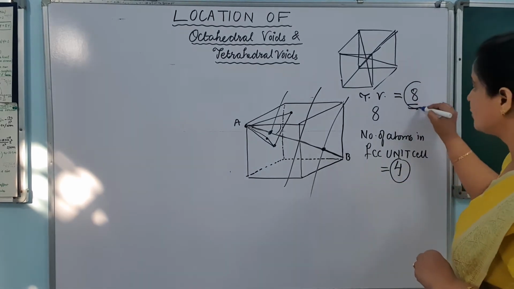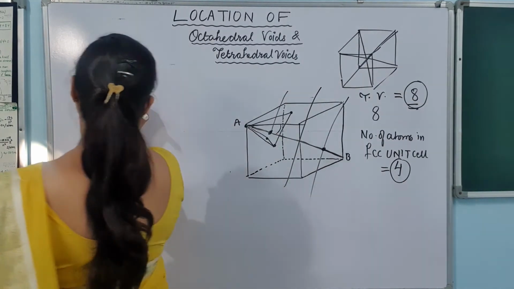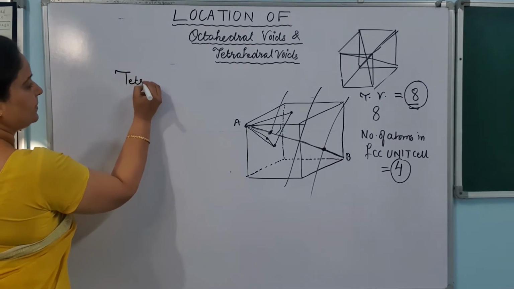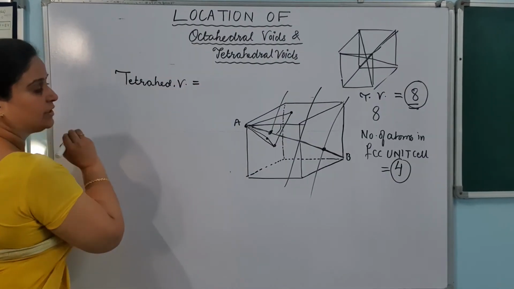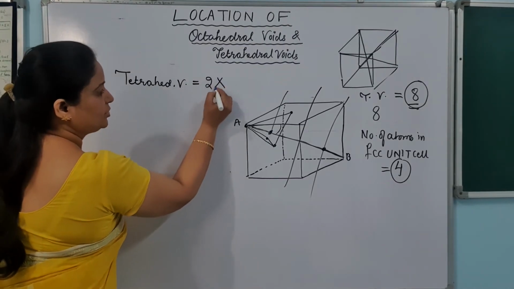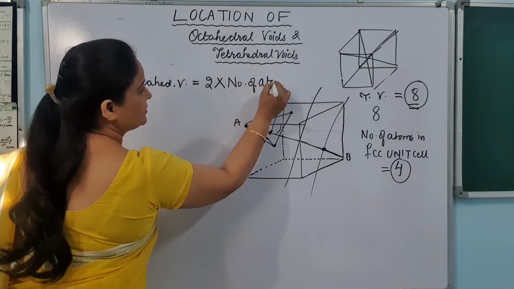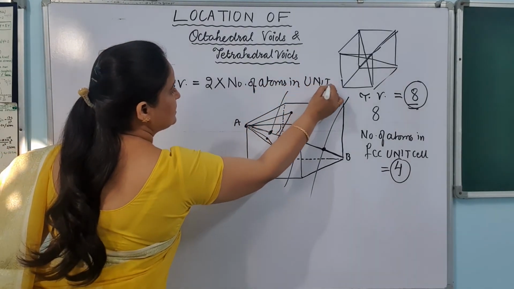But the number of tetrahedral voids created are 8. So how are they related with each other? We can say that the number of tetrahedral voids will be equal to 2 into number of atoms in unit cell.